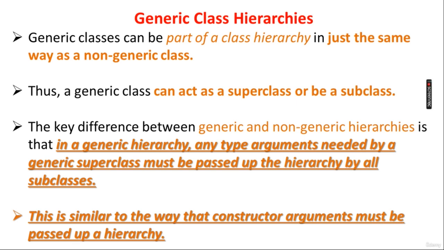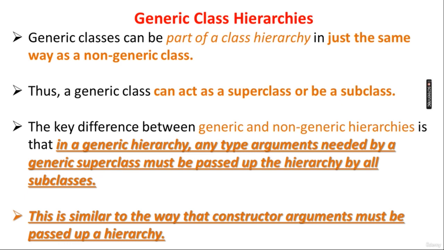The main difference between a generic hierarchy and a non-generic one is that, in a generic hierarchy, any type arguments needed by the generic superclass must be passed up the hierarchy by all subclasses.